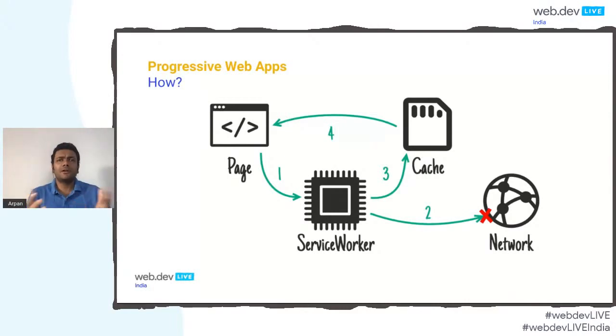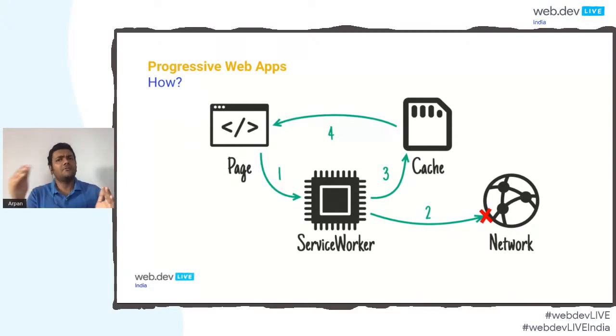So for example, you're running a news application. Whenever a user comes to your progressive web app, or your web application for now, it will detect whether there is internet or not. If there is no internet, then the service worker will get the last set of news objects which were served to the user or stored in the app, cached by it.